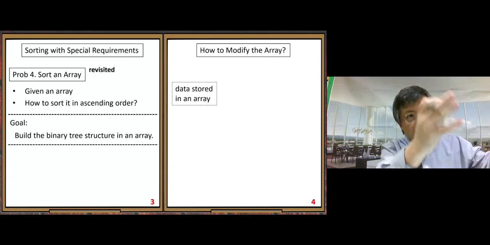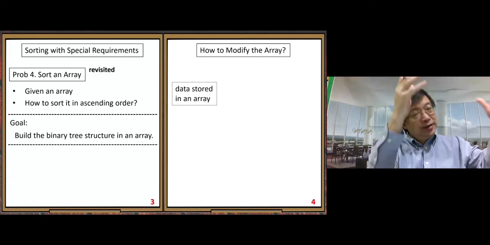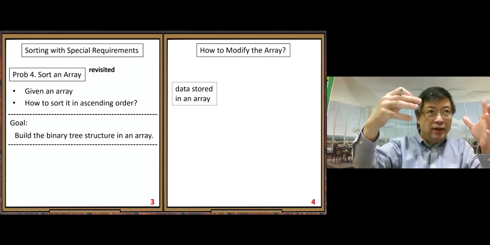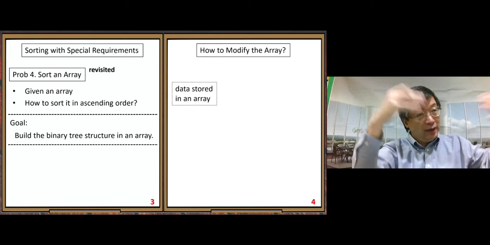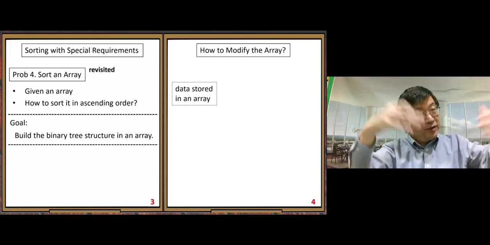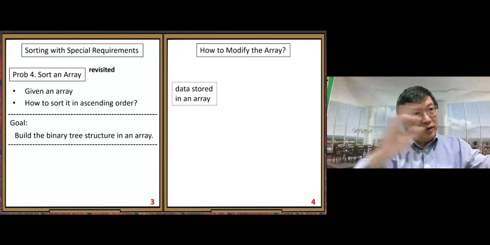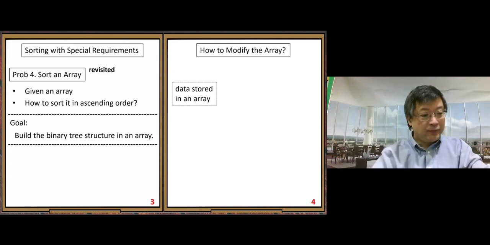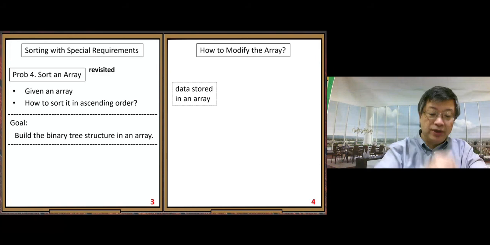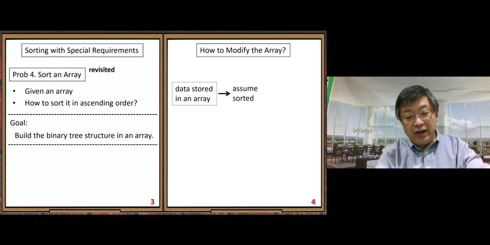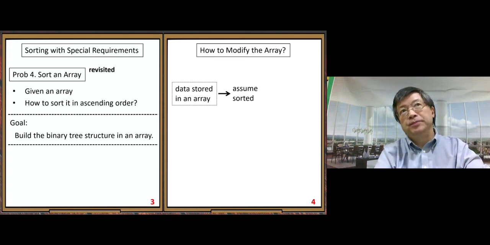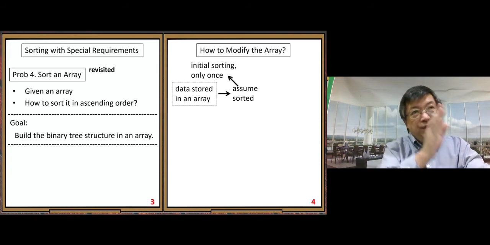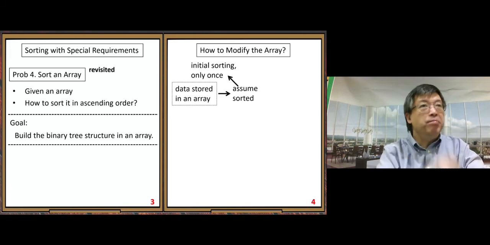When new data comes in, we need to fix the order, and maintain the ordered data all the time. We can assume our current array is sorted. At the beginning, we may need to apply some sorting algorithm to make it sorted. That's the initial sorting.